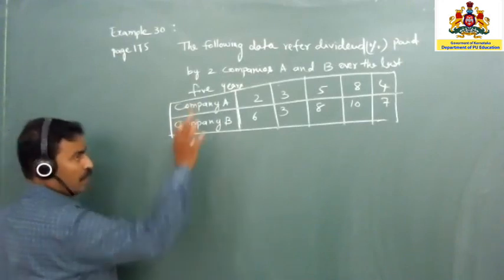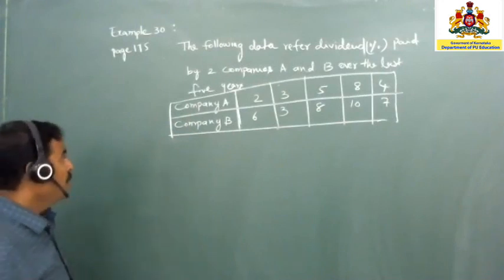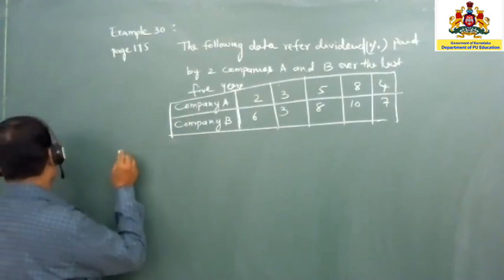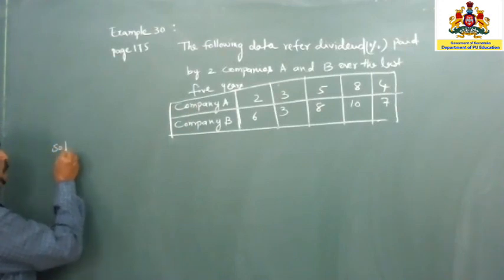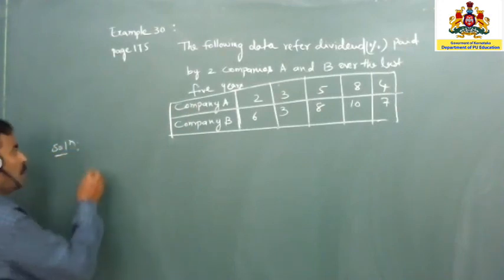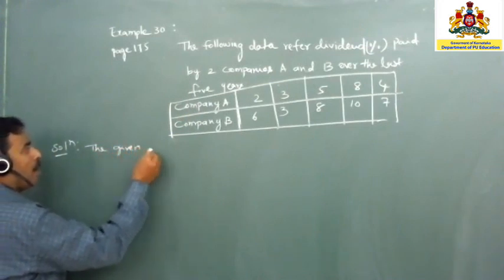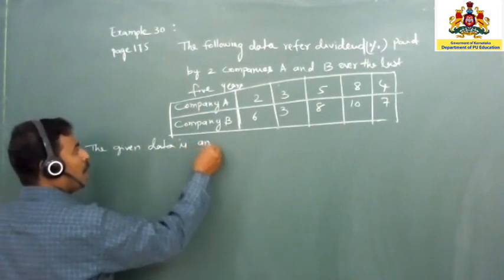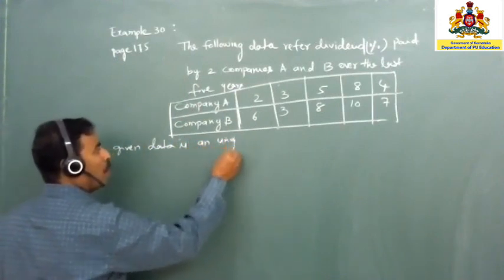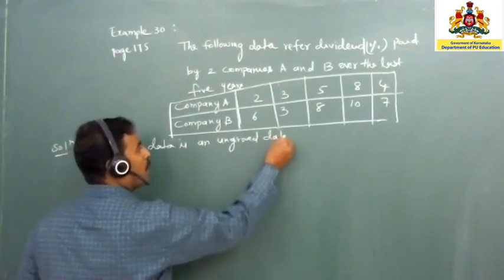Solution. There are two data sets, company A and company B. The given data is ungrouped data.